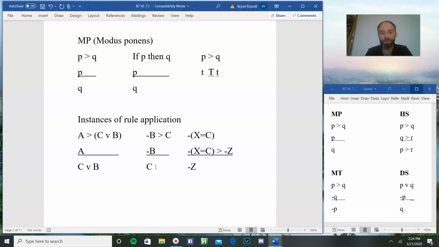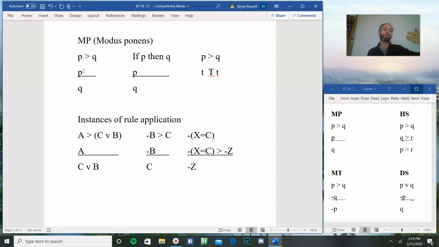A final instance of this, one thing to note is the lines. So up here we have P horseshoe Q, and then we have P, and then we derive Q. These lines could be switched. It doesn't matter. Everything above the line is what we're given, and below the line is what we're deriving, what we're now knowing as true. With this chapter, it becomes really clear what we're ultimately trying to do in logic, which is preserve truth.